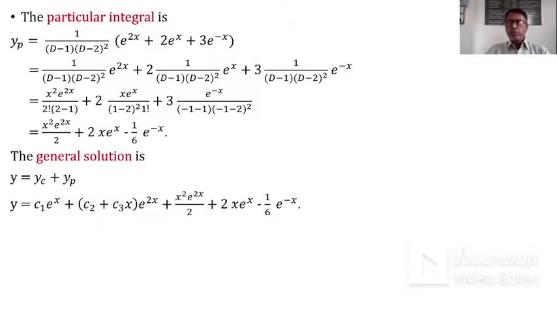Therefore, the general solution is y is equal to yc plus yp, and this is equal to c1 e to the power x plus (c2 plus c3 x) e to the power 2x plus x square into e to the power 2x upon 2 plus 2x e to the power x minus 1 upon 6 e to the power minus x. This is the general solution of the given differential equation.